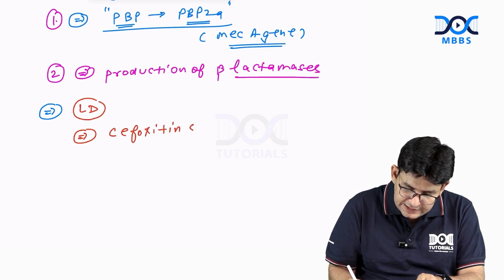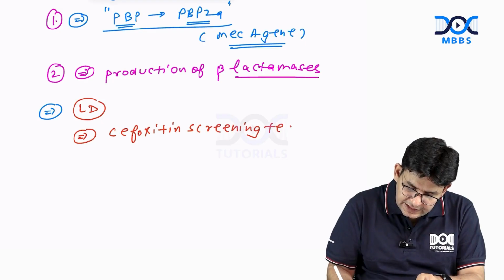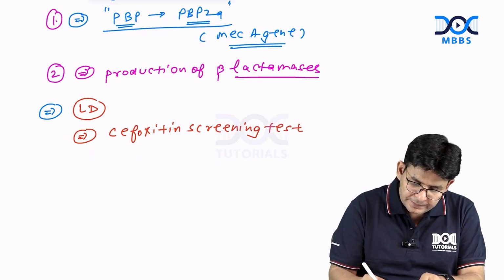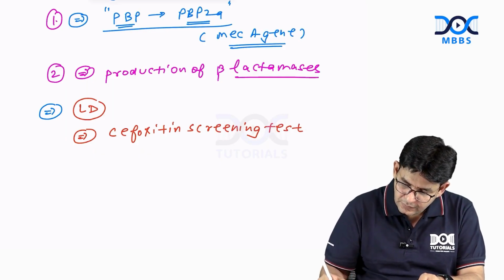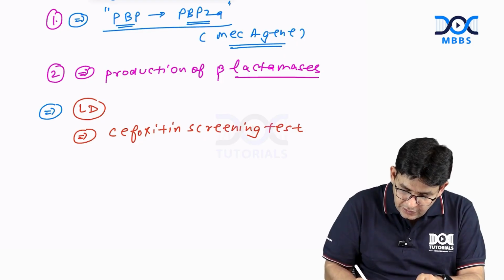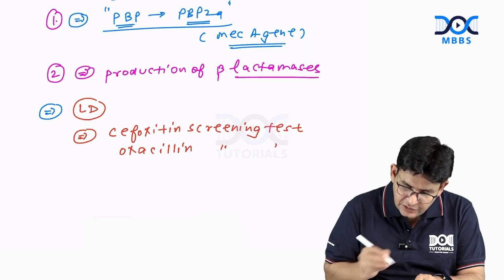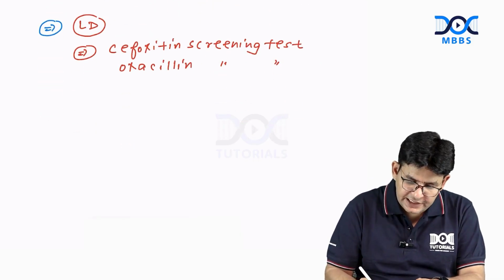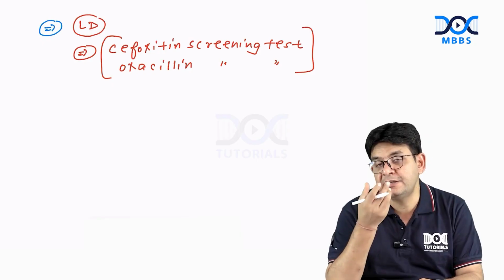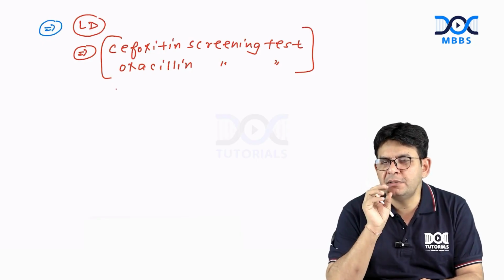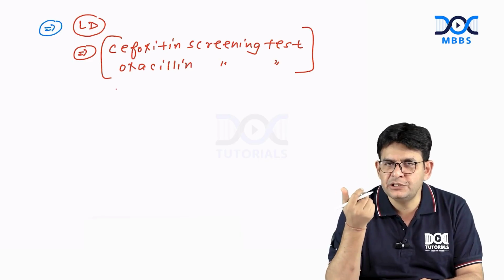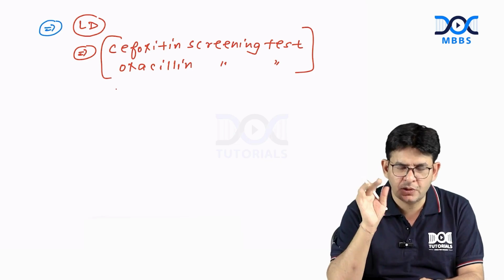Cefoxitin screening test, or you can say oxacillin screening test. These two are antibiotic testing. And obviously, they are also done by the same method like Kirby-Bauer. It is done on which particular media, MHA or nutrient agar. So that is sorted.